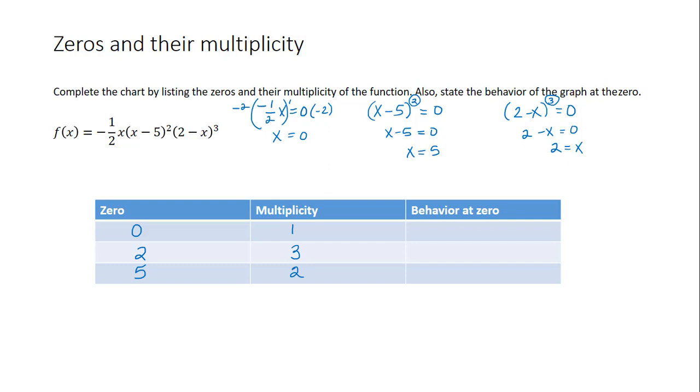When we have an odd multiplicity, the graph will cross the x-axis at that point. So for the zeros of 0 and 2, the graph will cross the x-axis. But for the zero 5, it's going to touch or bounce off the x-axis at that zero.